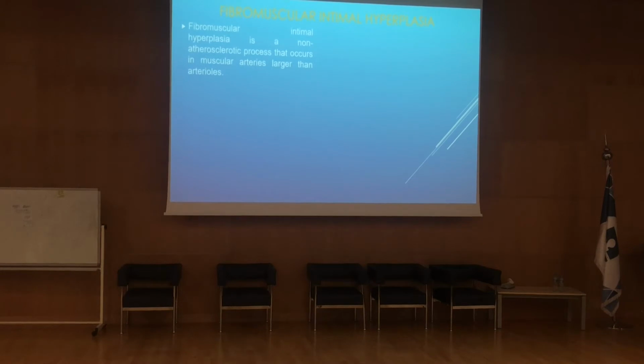The difference is that lipid is not involved, meaning you don't have any lipid in the intima. Usually it involves the larger arteries. This is predominantly a smooth muscle cell and extracellular matrix lesion, meaning they are proliferating and being arranged in the intima, in between the internal elastic lamina and the endothelial cells.